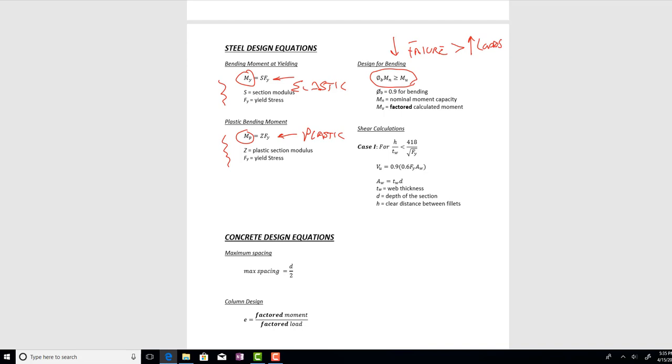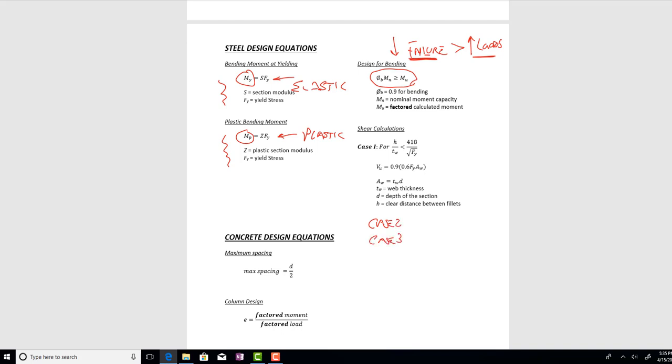And as long as the factored failure is still greater than the factored loads, by definition for LRFD, that's the design process that we utilize to make sure that everything is designed correctly. Boy, I'm misspelling all over the place today. F-A-I-L-U-R-E, failure.